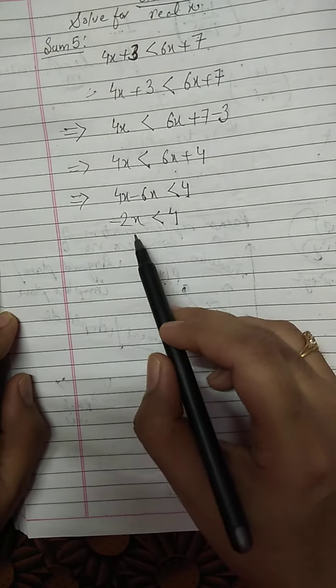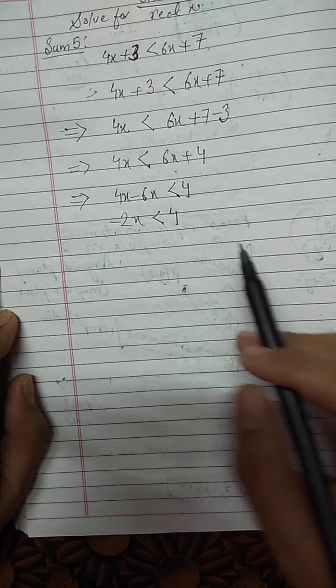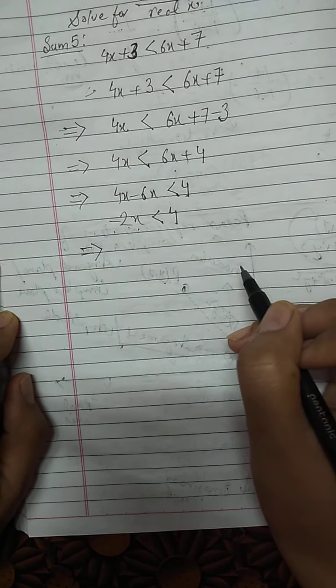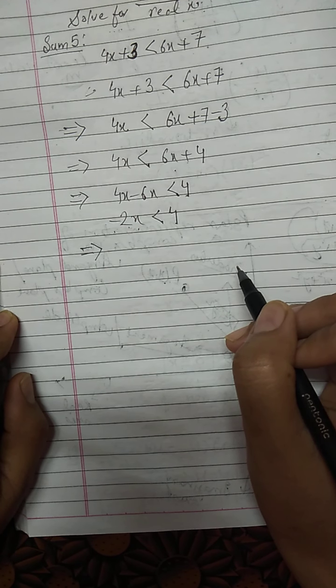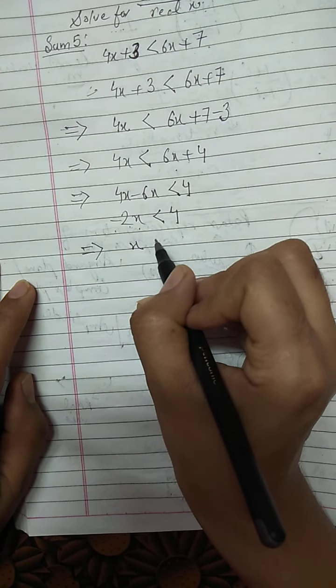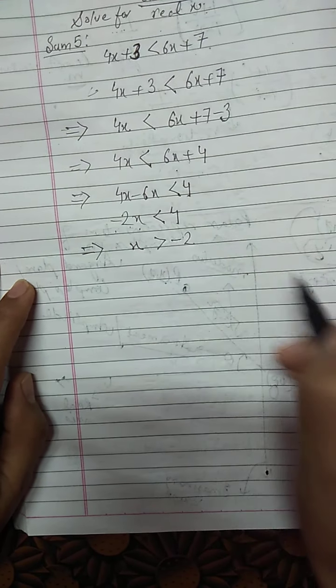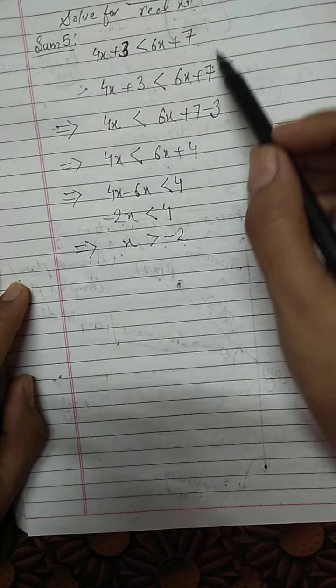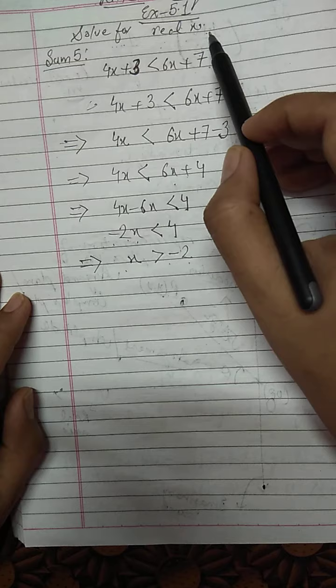Now the coefficient of x is minus 2. So we will divide both sides by minus 2, and when we divide both sides by a negative number, the sign of inequality will change and it will become x greater than minus 2, right? So x is greater than minus 2, and we have to find the solution for all real x.